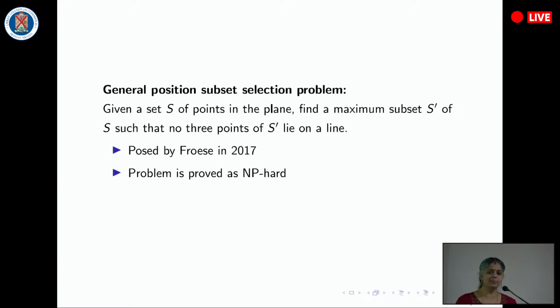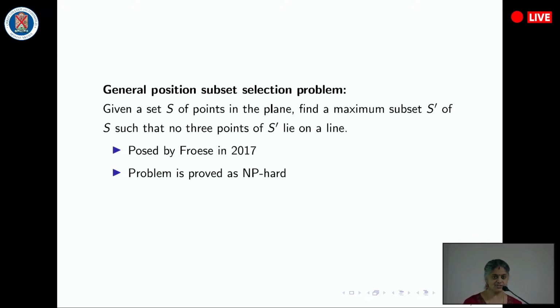You are given a plane, and in that plane you have to place as many points as possible so that no 3 of them lie in a straight line. So the question was extended from a grid to a general plane. In that general plane, you are given a set S of points, need not be in the shape of a grid, a very large collection of points. You have to choose a subset S' from these points in such a way that again no 3 points lie in a straight line.